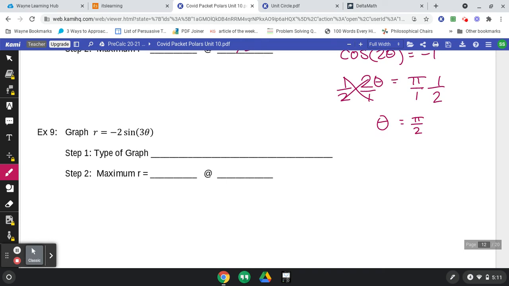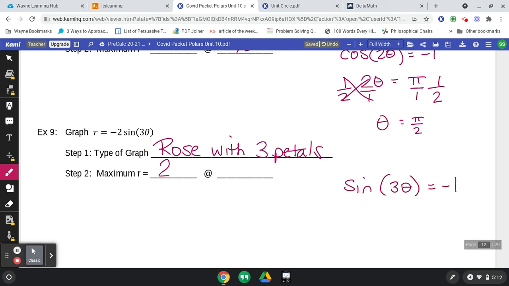Decide what type of graph it is, what the maximum is, and where that happens. Okay, so that should be your setup.